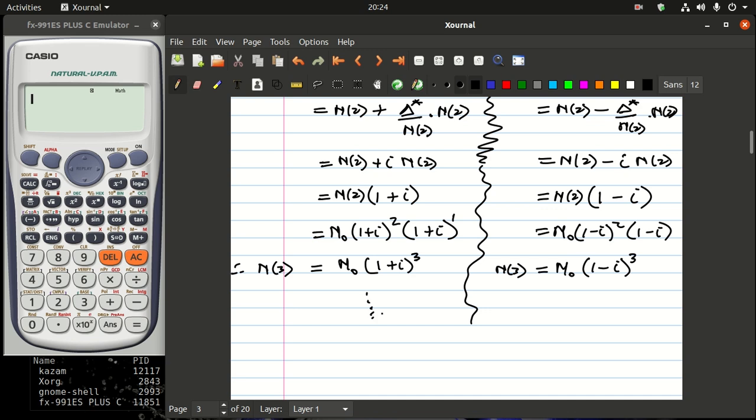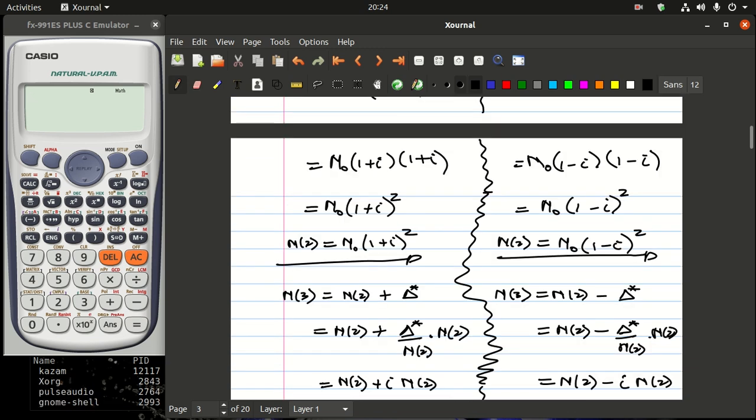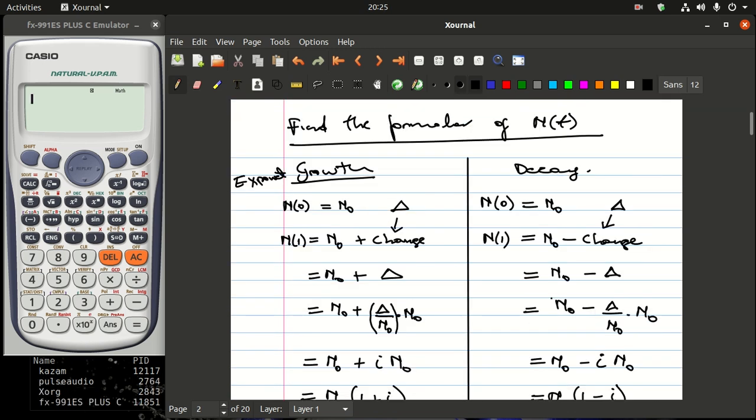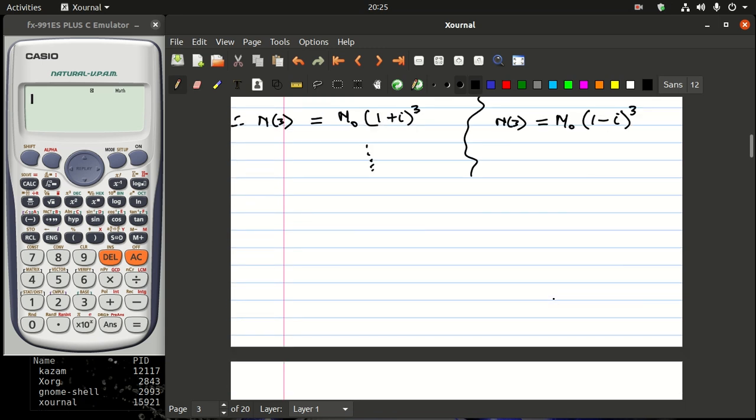And one can actually notice that this 3 goes with that 3, this 3 goes with that 3 on that side. This 2 goes with that 2, this 2 goes with that 2 on that side. And this 1 goes with a 1, and this 1 goes with a 1. So we can generalize this and say that our N of t is just the same as N naught into 1 plus I raised to some t there.